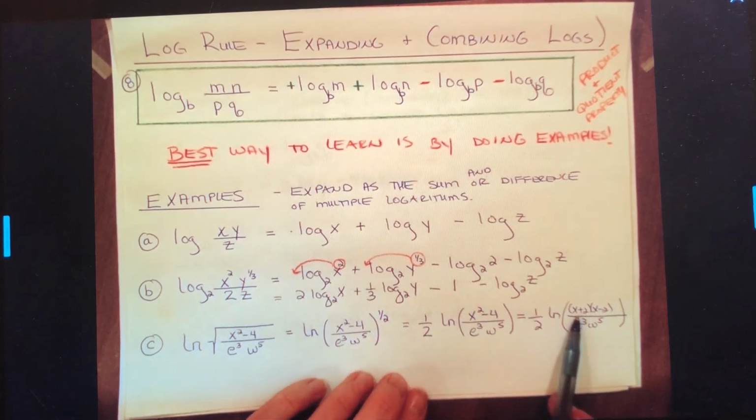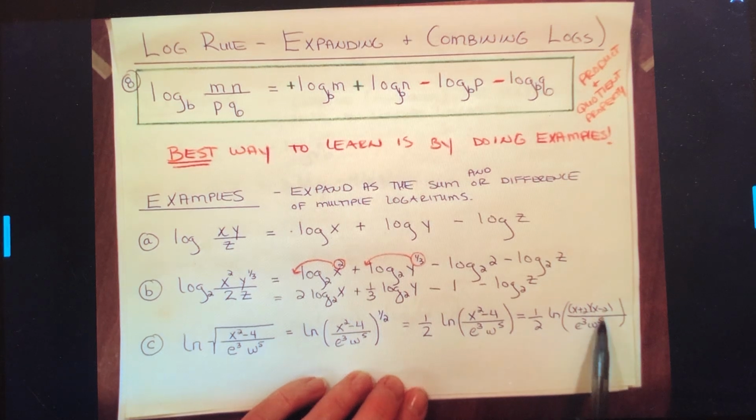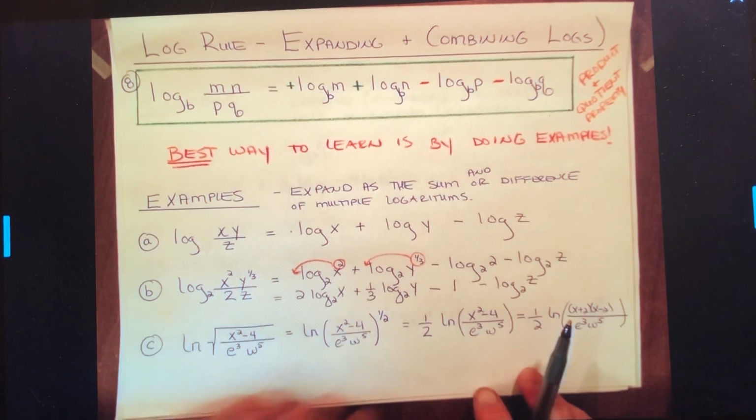Okay, so by factoring it first, I can see that this is actually the product and quotient of 4 separate terms. X plus 2 and x minus 2, now that they're written as a product, those are both up top and I can split those apart. And then the e cubed and the w to the 5th, those are both down in the bottom. So I really have 4 terms here.